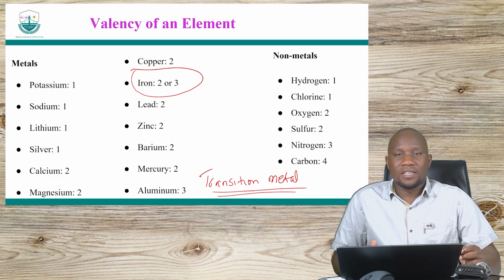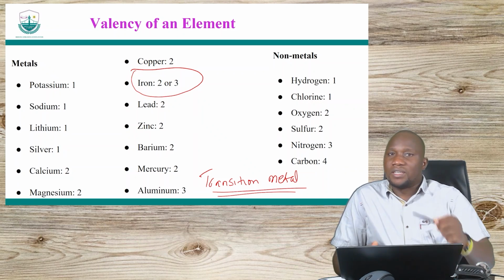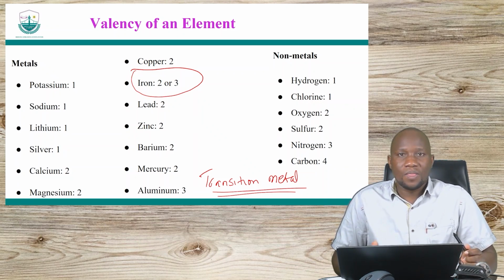Lead has a valence of 2. That means it can combine with 2 hydrogen atoms or displace 2 hydrogen atoms from an acid. This is basically what this all means. It's as if we are using hydrogen as a reference point for the other elements.